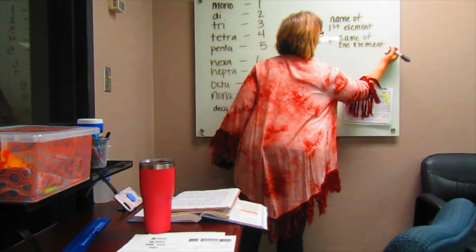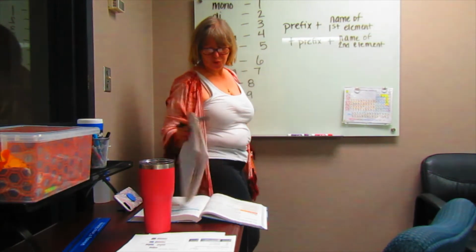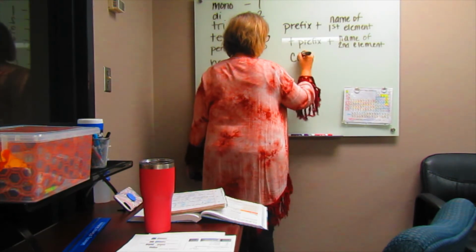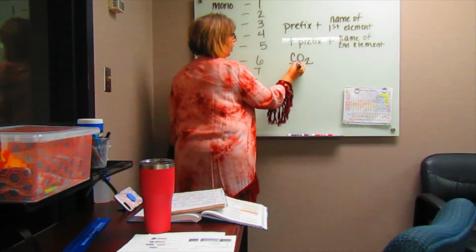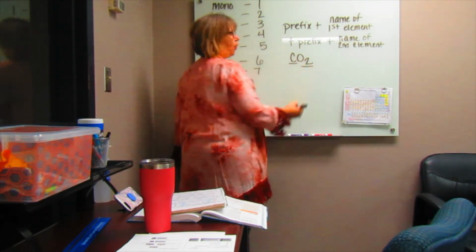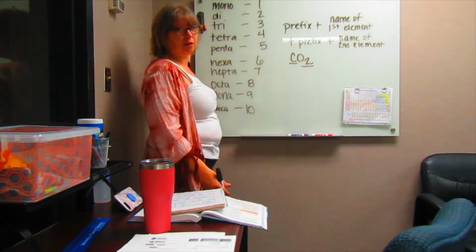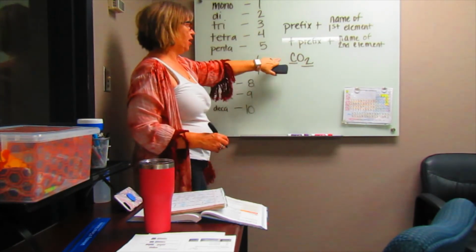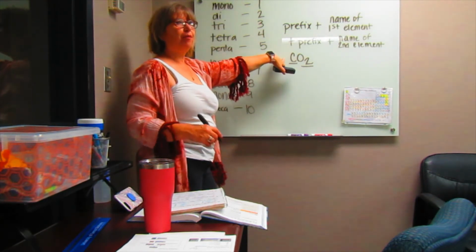Right? So just for example, let's take a look at CO2, right? CO2. So in naming this, we have one carbon atom and two oxygen atoms. So our prefix for 2 is di, right? Our prefix for 1 is mono, but since our first element has only one atom, it's implied.